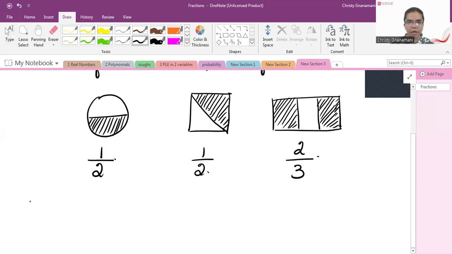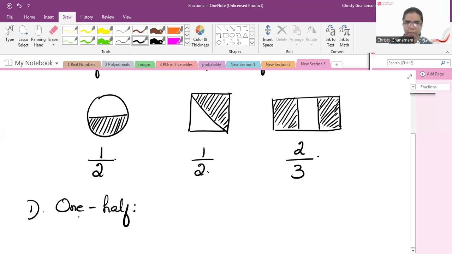The first one is 1/2. Okay, so this is the most common one. So what is 1/2 as a fraction? See, in all of these figures, we represented 1/2, right? In the first two figures, we represented 1/2. Okay? So what did we do? We divided the circle into 2 parts.